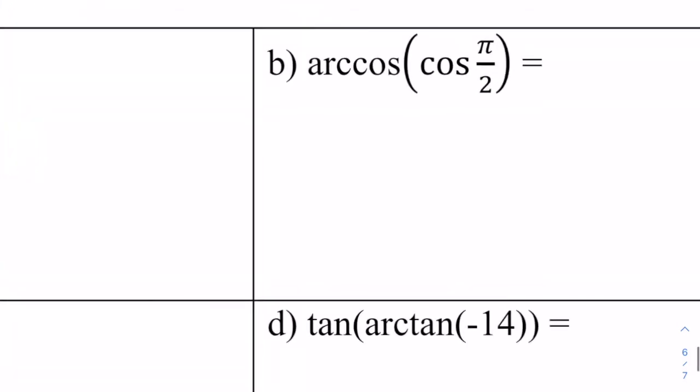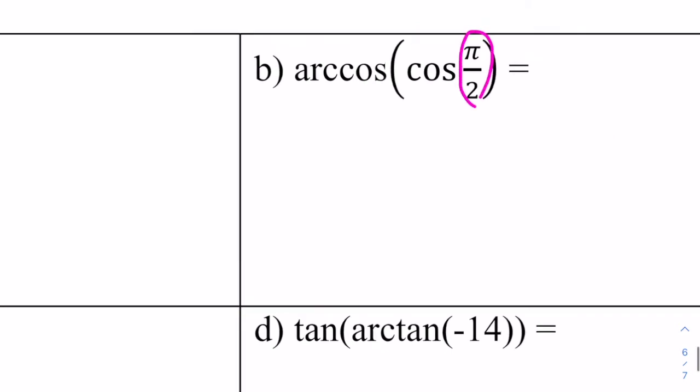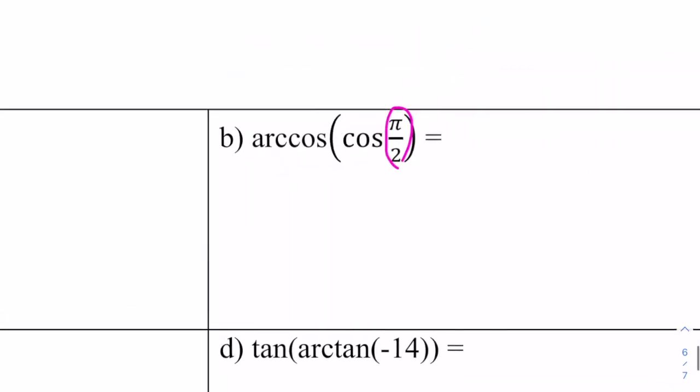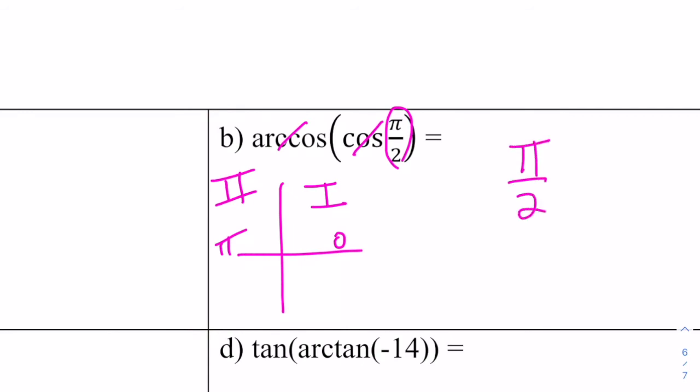Looking at arc cosine of pi over 2, well, that is definitely okay because when we use arc cosine, we evaluate in quadrants 1 and 2, from 0 to pi. So this value is between 0 and pi. Arc cosine and cosine will cancel out, so we'll just have pi over 2.